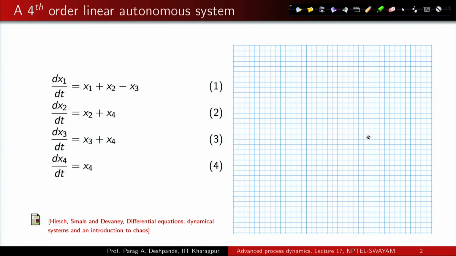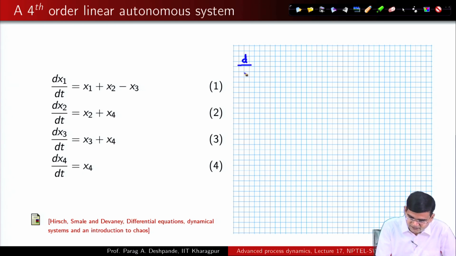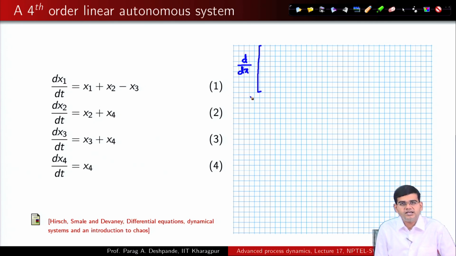So, what we have in front of us is a dynamical equation with 4 components x 1, x 2, x 3 and x 4. The equations are given in front of you. The first thing that we would like to do is to convert this set of equations to a matrix equation, and I can identify the dynamical vector as x 1, x 2, x 3, x 4.